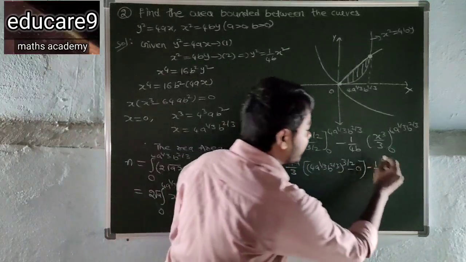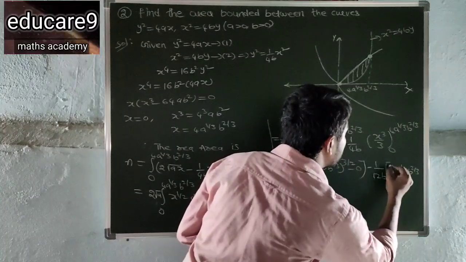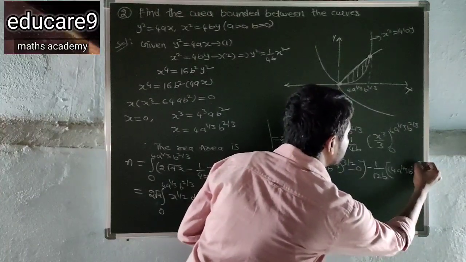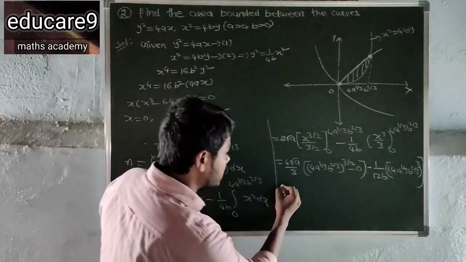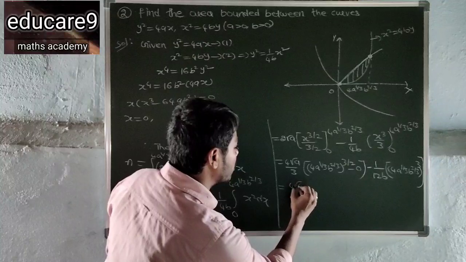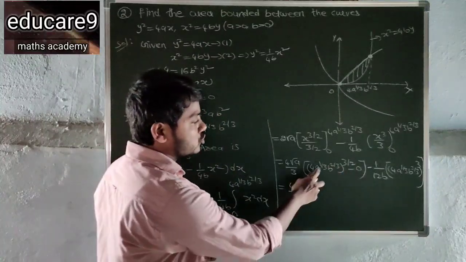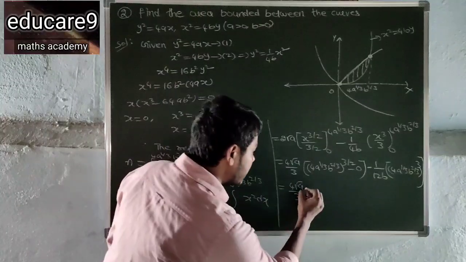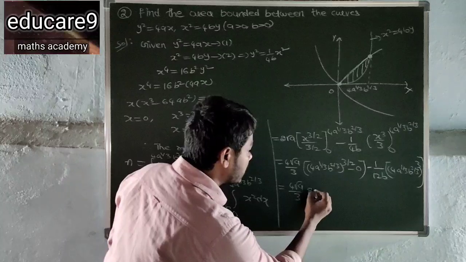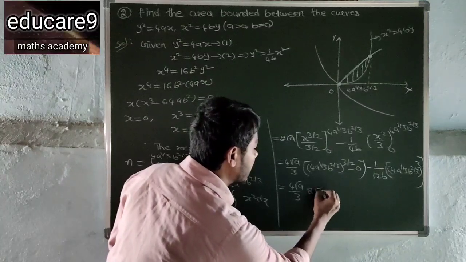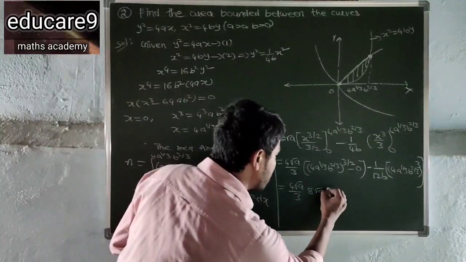So apply the upper limit first, x value is 4a power 1 by 3 b power 2 by 3 whole to the power of 3, minus 0. Now this is 4 root a by 3, here 4 power 3 by 2, that is 2 square whole to the power of 3 by 2, you will get 8. Now here 3 gets cancelled, you will get root a, and b power 2 by 3 whole to the power of 3 by 2 is b.